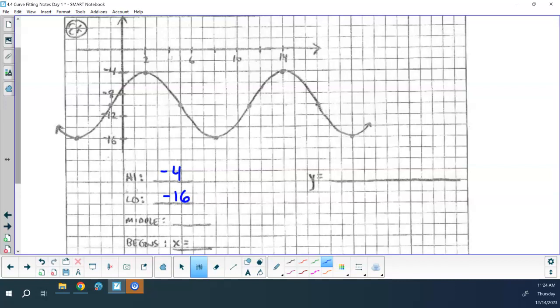So my question to you now is this. Where is the middle? What do you got? -10. That's going to be our D value, right?